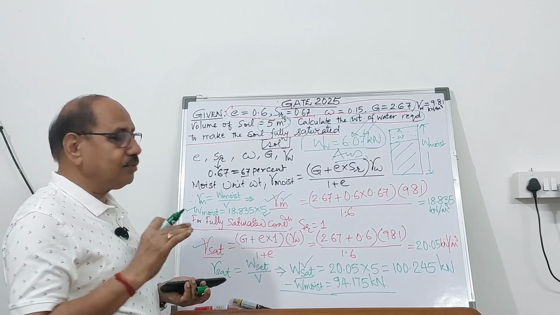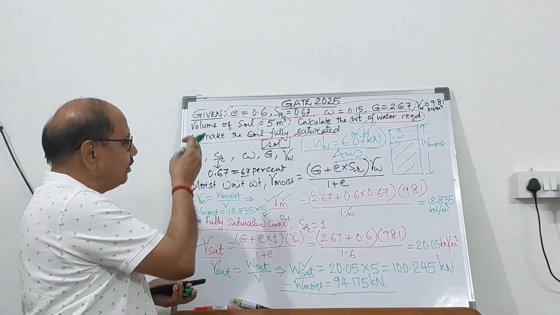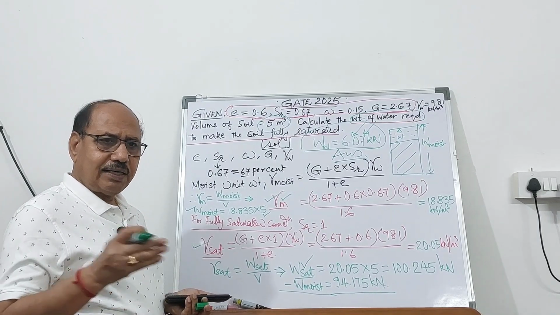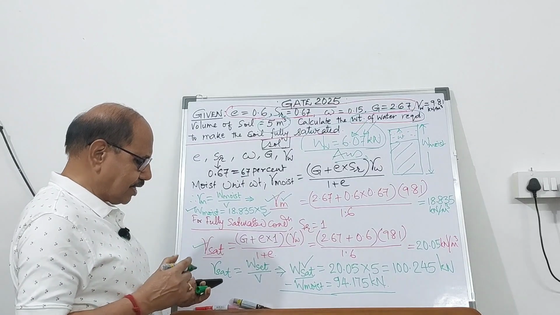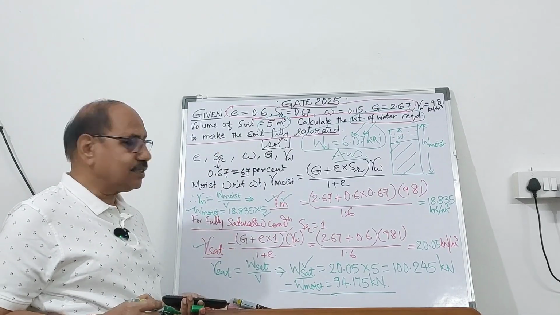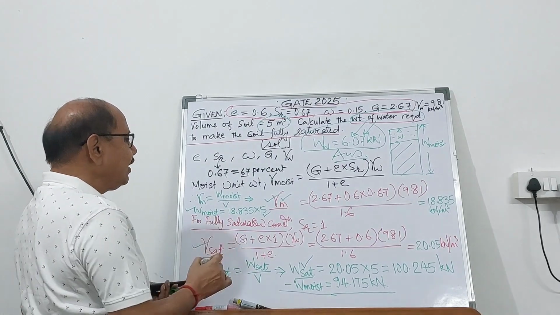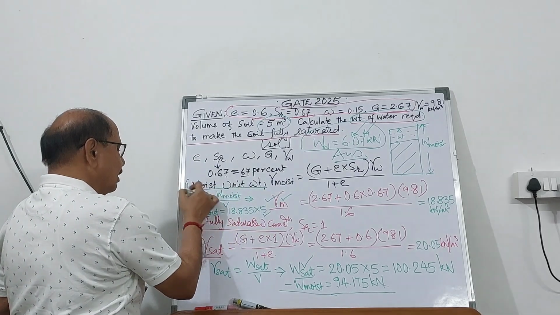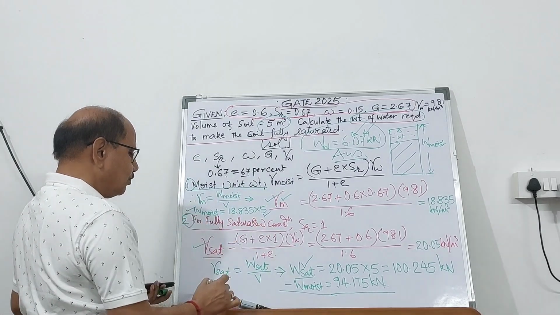So conceptually, I have dealt with all these concepts in my video on the three-phase diagram. If you look at my previous videos on the three-phase diagram, you will be able to recollect all these points, and you can see in two steps the answer can be obtained. The moist unit weight is one step, and the saturated unit weight is the second step.